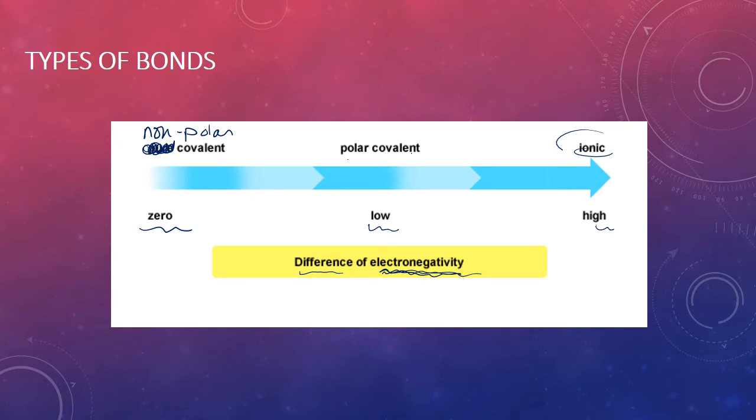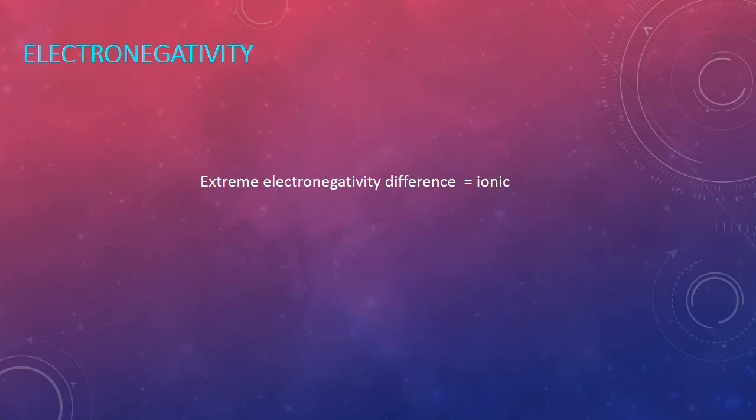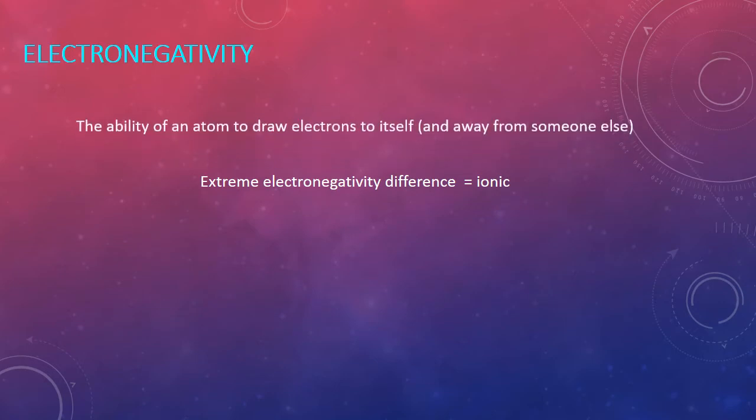Okay, so how are you going to tell the differences in electronegativity should be the burning question on your mind now. Well, basically, there's the same thing, but it's in words. The definition of electronegativity is the ability to draw electrons to itself and away from somebody else.